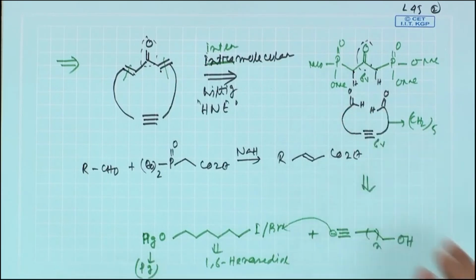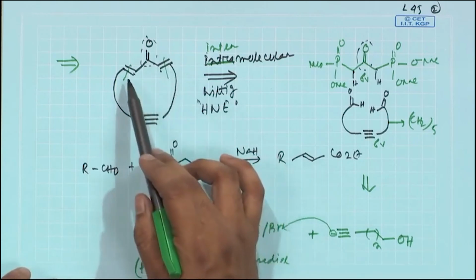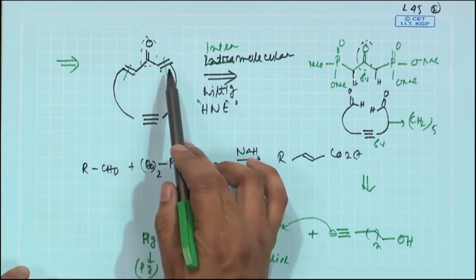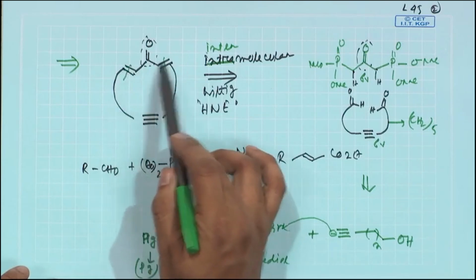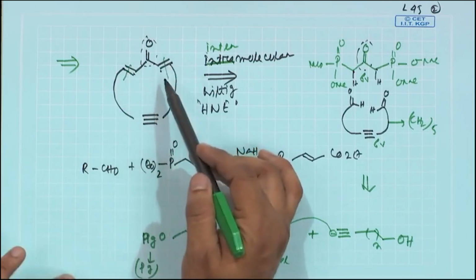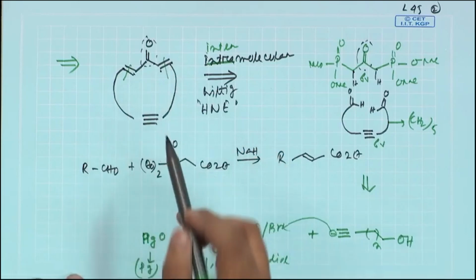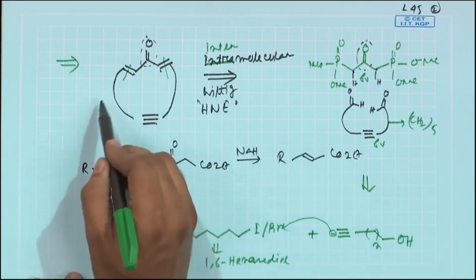Then you do the Horner-Wadsworth-Emmons reaction. Once you do the Horner-Wadsworth-Emmons reaction, your next part is that you have to do this particular double bond reduction first. The double bond reduction can be done without touching the triple bond.